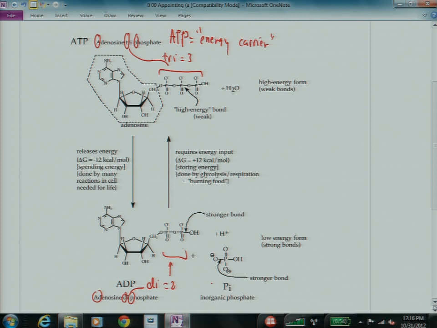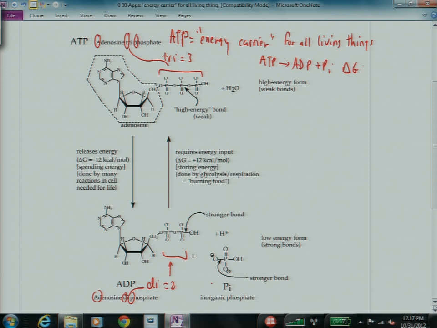So it turns out this is an energy carrier for all living things. ATP evolved very early in evolution. And the reaction ATP going to ADP plus phosphate has a delta G of about -12 kilocalories per mole.